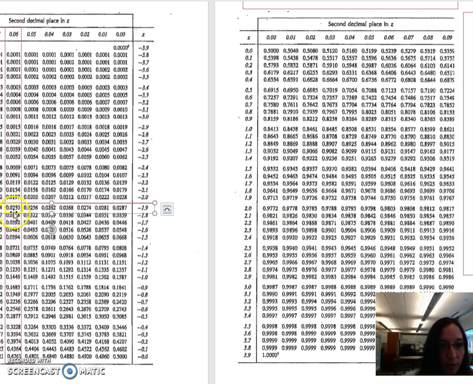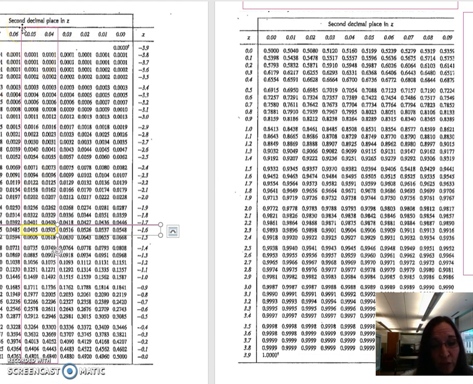So I am looking for 0.0500, and I see 0.0495 and 0.0505, and the 0.0500 appears to be right smack dab in the middle of these two z-scores, which are negative 1.64 and negative 1.65.